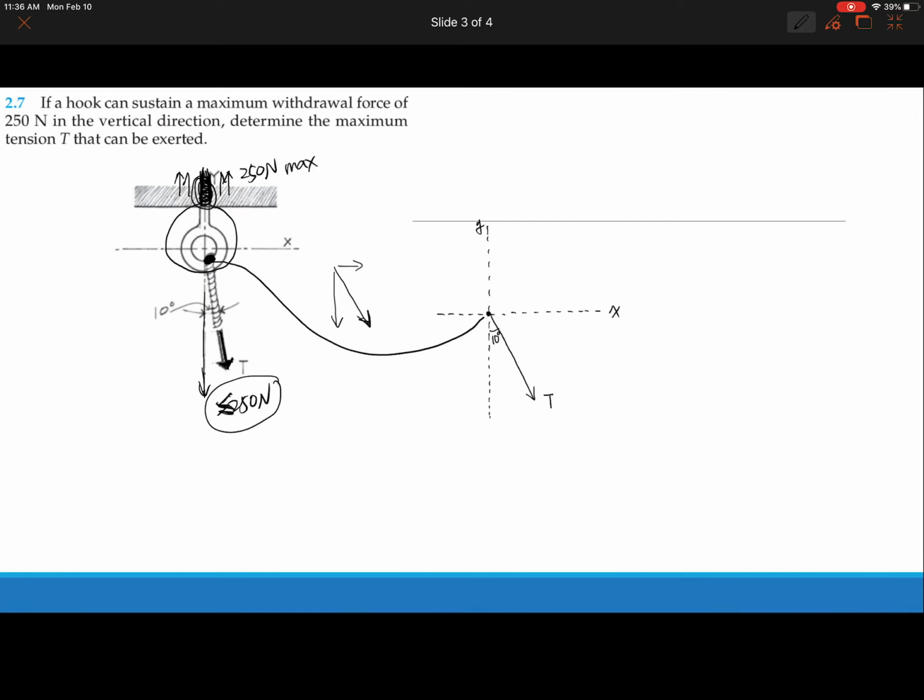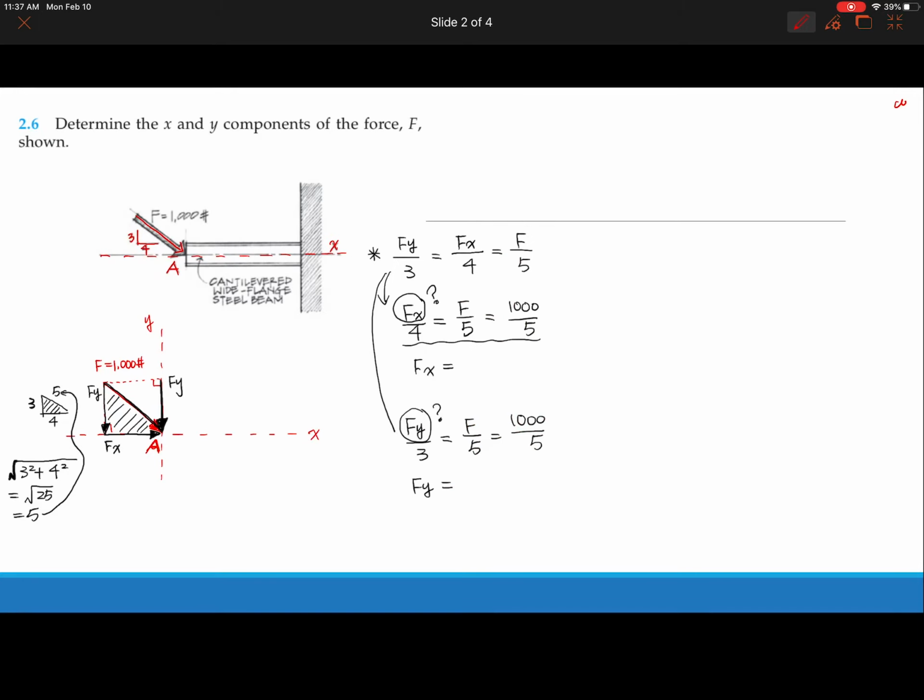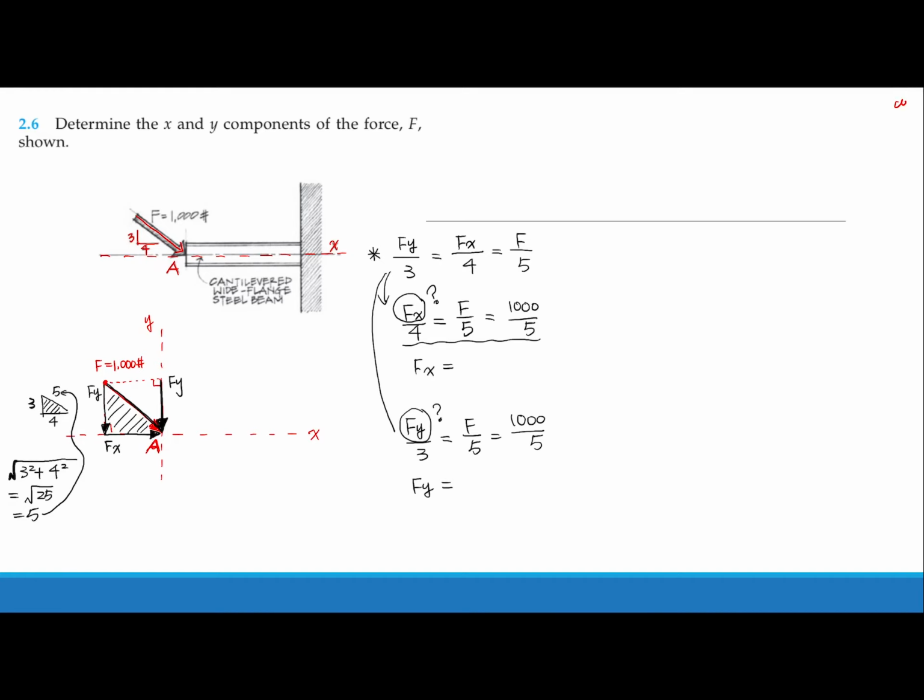Next, let's draw the x and y components. To do that, you want to draw the lines perpendicular to x and y, always starting from the tip of that main force. Remember in the first problem, we drew it from this tip. It doesn't matter.